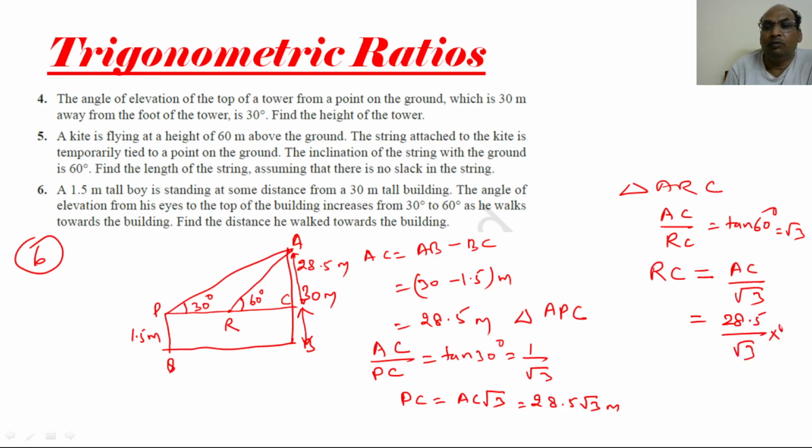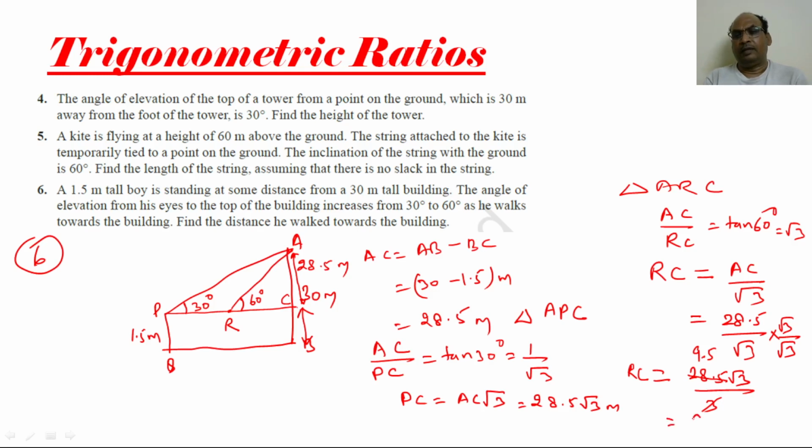To remove that, we multiply by root 3 divided by root 3, and we get RC as 28.5 root 3 divided by 3, and this 3 will cancel with 28.5: 3, 9, 27, and so 5, so 9.5. So 9.5 root 3 meter.